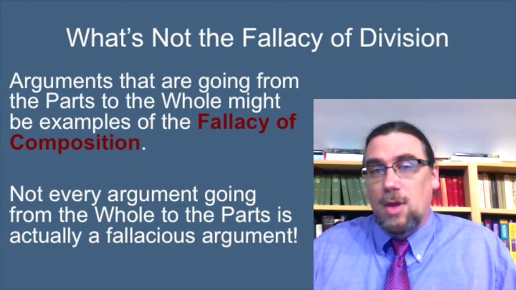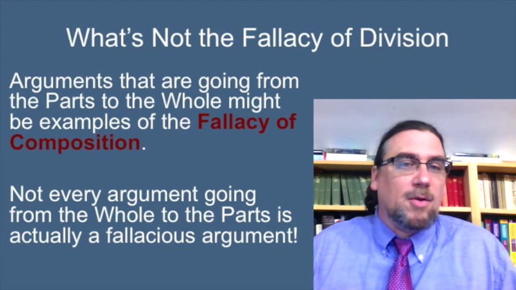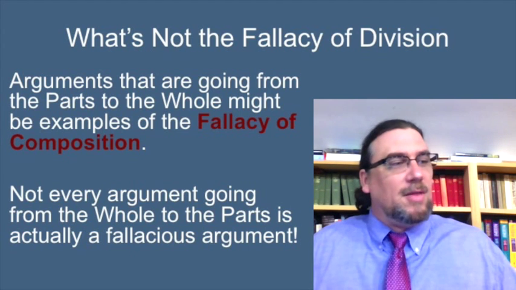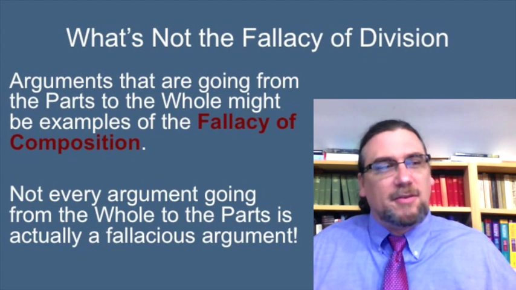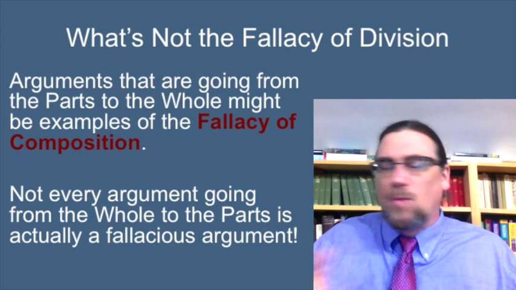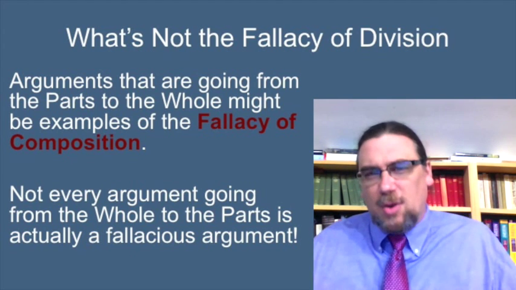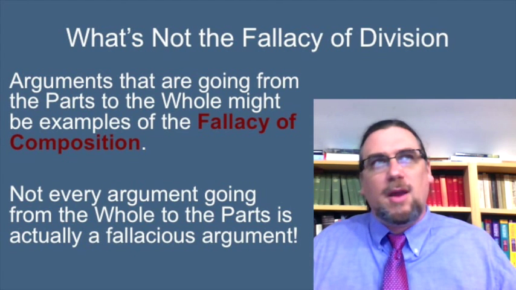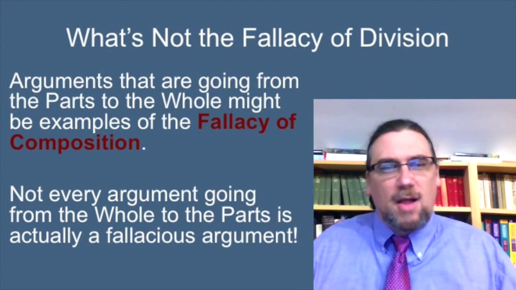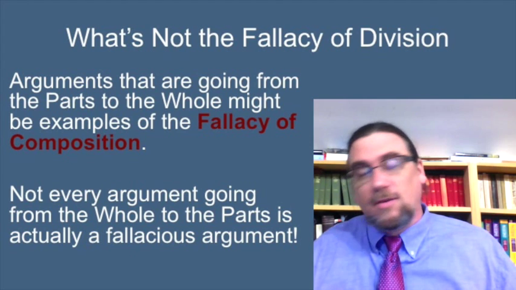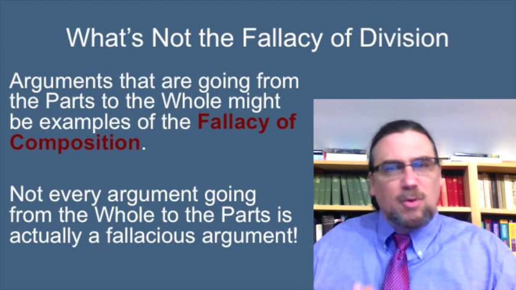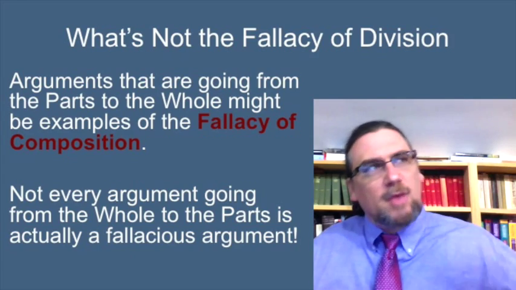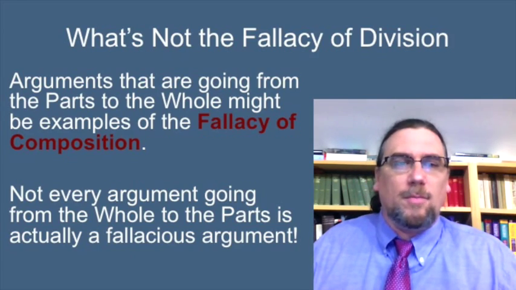For example, when we make inferences about a glass of water, saying that because the glass is wet, the whole glass of water, each gulp of it is going to be wet, that's actually correct. So we don't want to say, aha, somebody's committed a fallacy there. And there's a lot of other cases where we can say things about the individual members, constituents, parts, because we do know something about the whole.